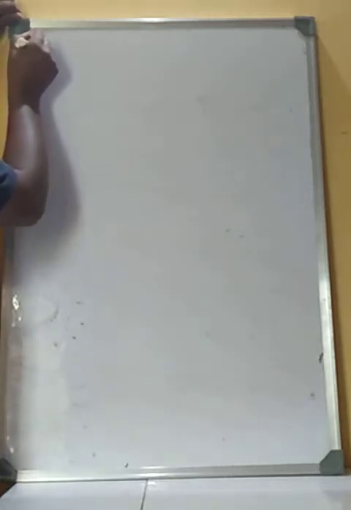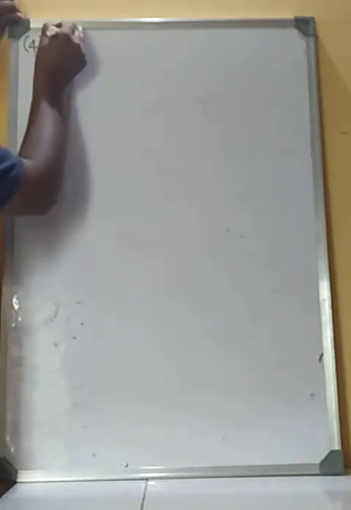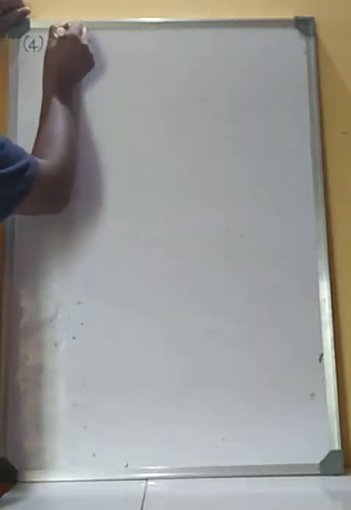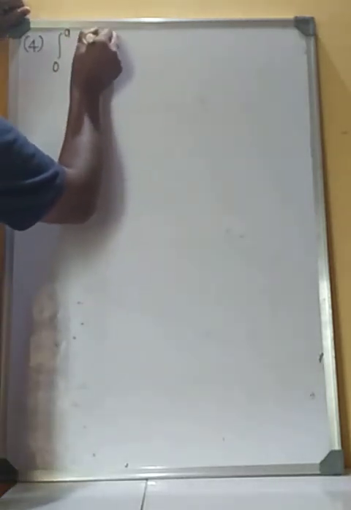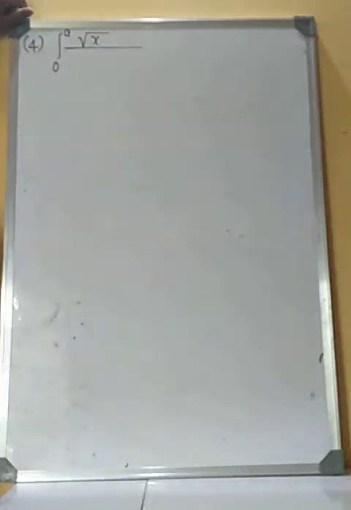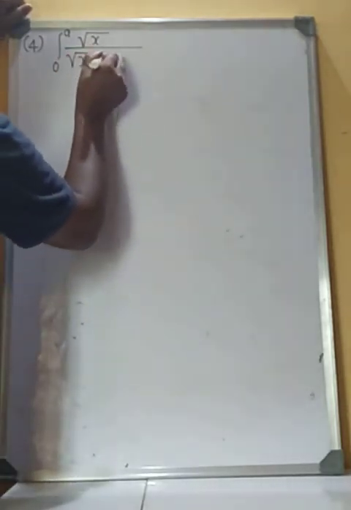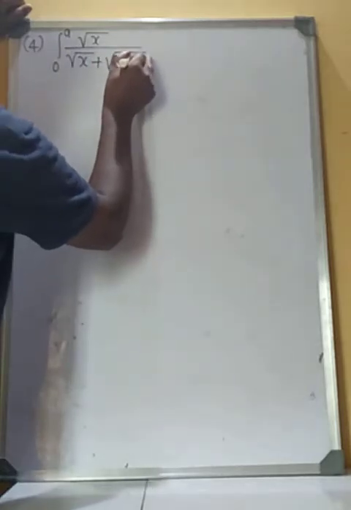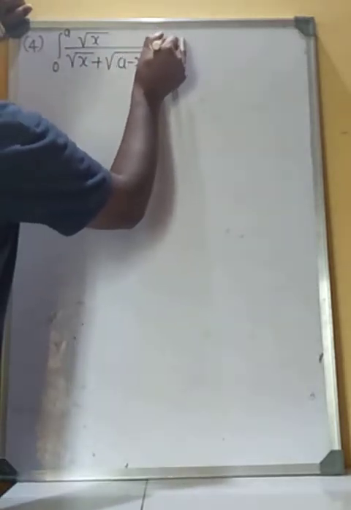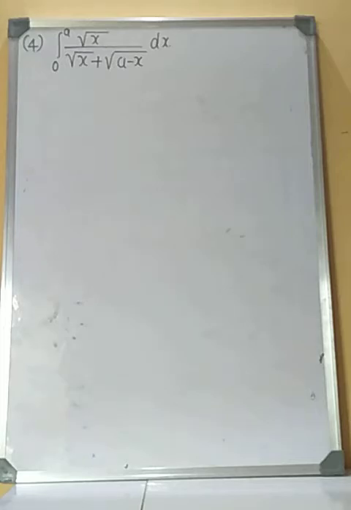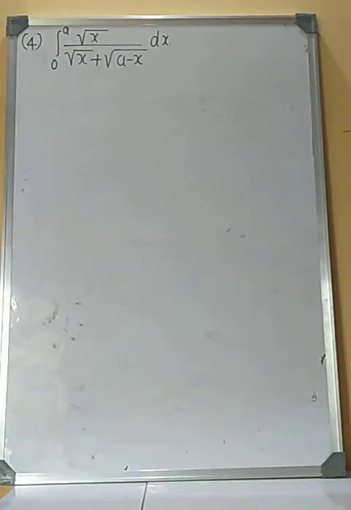The next example, example 4: integral 0 to a square root of x divided by square root of x plus square root of a minus x into dx.